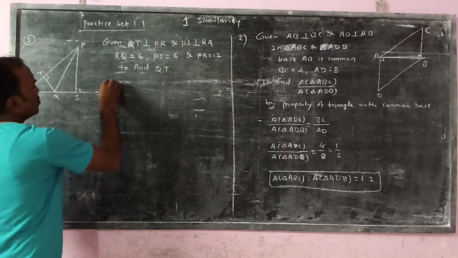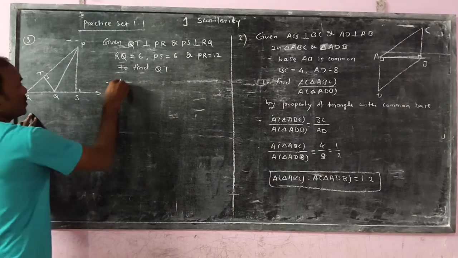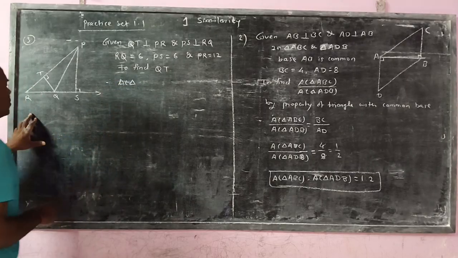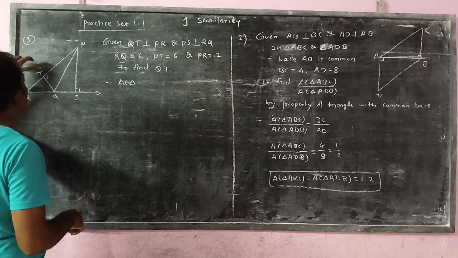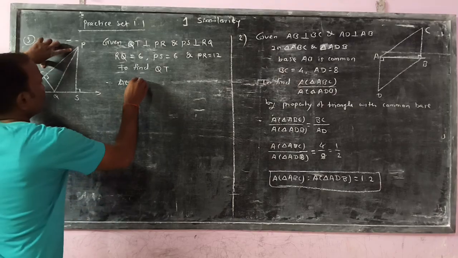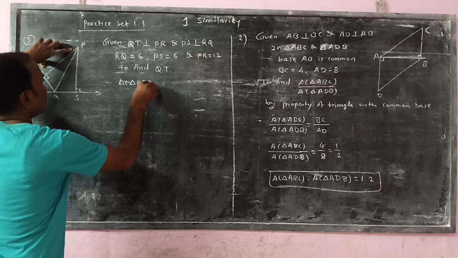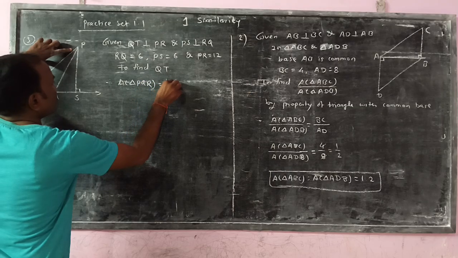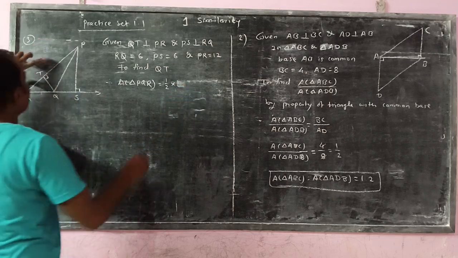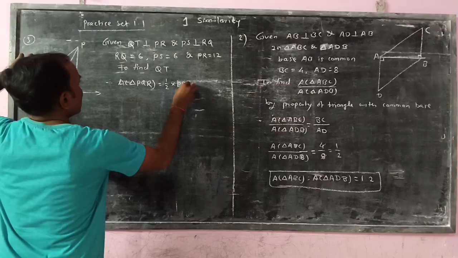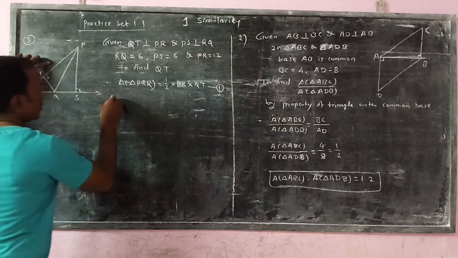Therefore, these are the different types of problems. So, area of triangles. Area of triangle PQR equals half into base PR into height QT, equation 1.